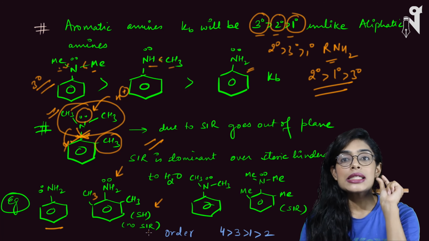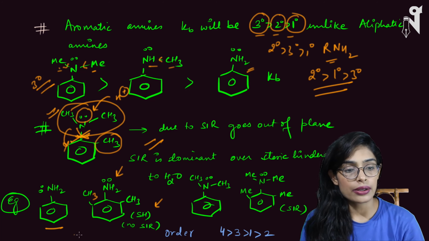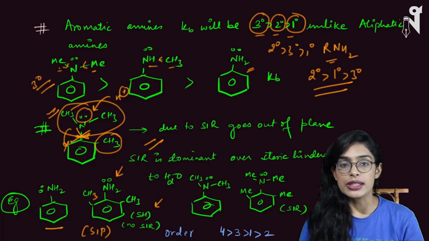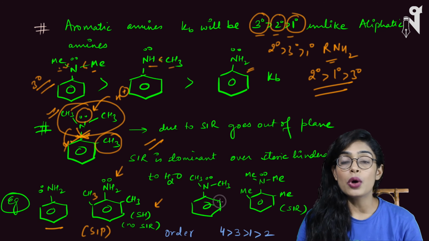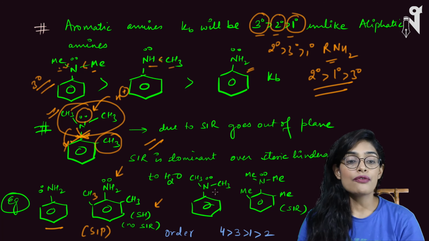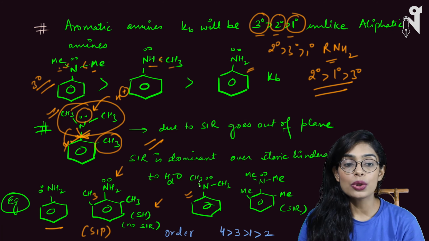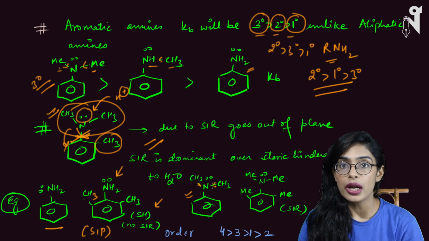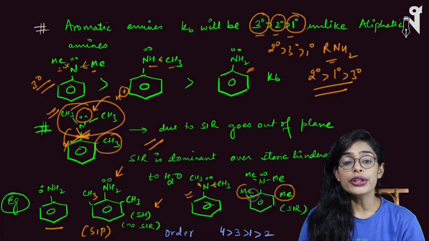It is just steric inhibition of protonation that this NH2 is facing. Now we have no group on the ortho position for tertiary aniline, right? This is quite a bulky group. Two electron donating groups are present over here, so a lot of electron density on nitrogen. And then we have methyl groups over here on the ortho position.